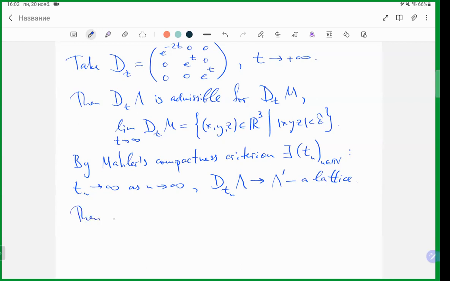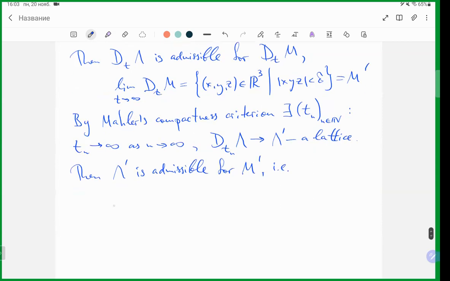Then lambda prime is admissible for M prime. That is, the norm minimum of lambda prime is positive.